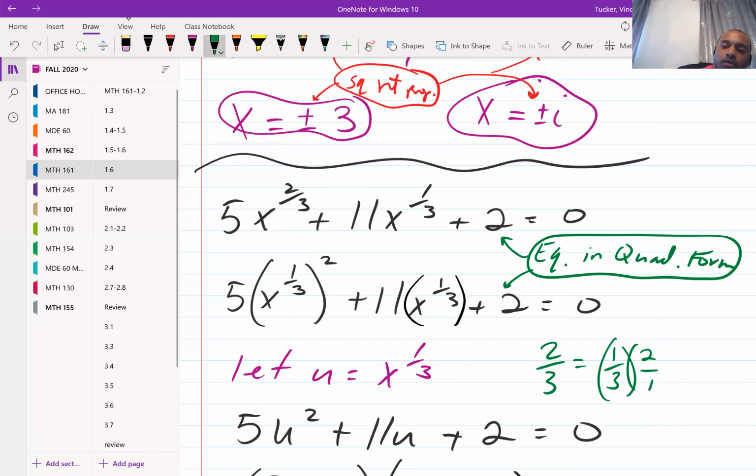Whenever you raise a power to another power, you multiply your exponents, so basically I reversed what happened. Here we have 2/3, and here I broke up the 2/3 into 1/3 times 2. Hopefully that helped as far as the explanation.